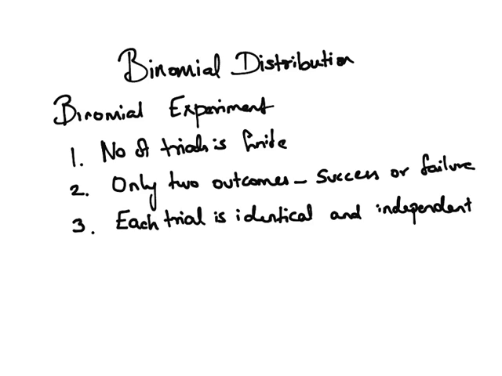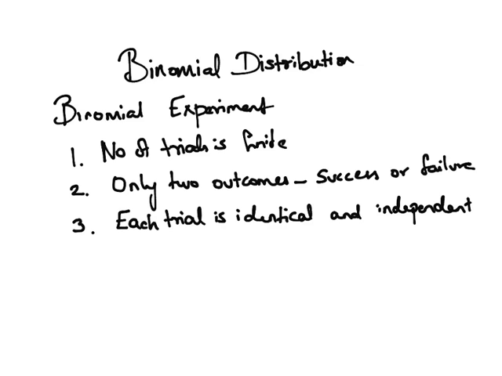You're just tossing the coin, and also whatever happened in the previous trial is not going to affect the next trial, isn't it? Whether I got a head or tail in the first toss, that is not going to affect what I'm going to get next in the second toss. That means I may still get a head or a tail. So each trial is identical and independent.